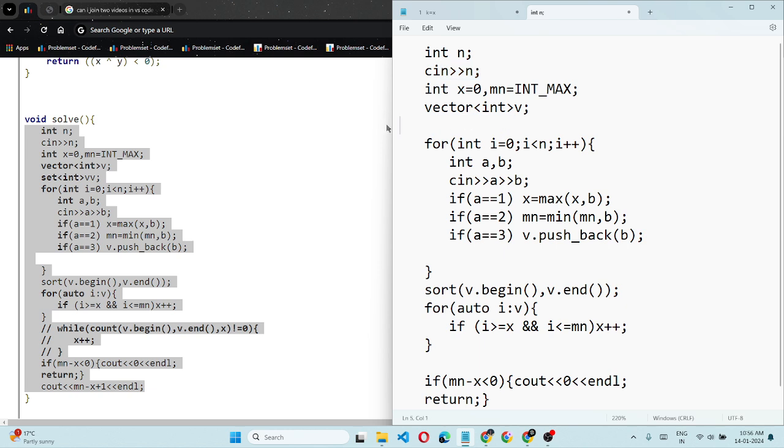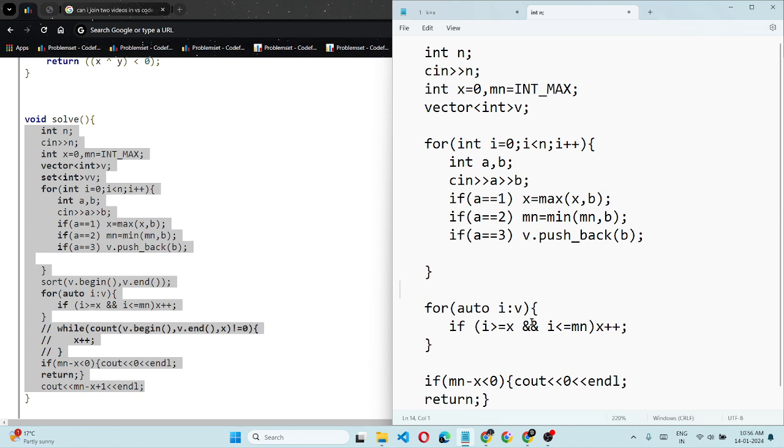This is actually not needed. Now I've taken a and b. If a is 1, then I take the maximum of that. If a is 2, then I take the minimum of that. And if it is 3, then I put it in the vector. Now, this is also not needed.